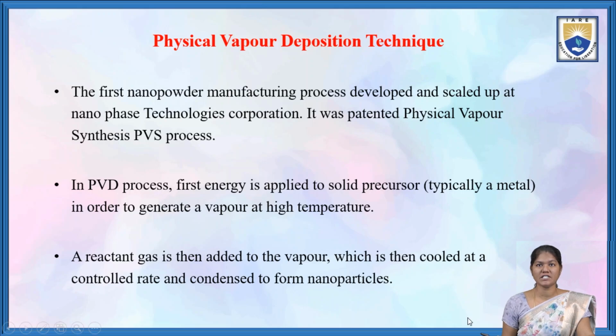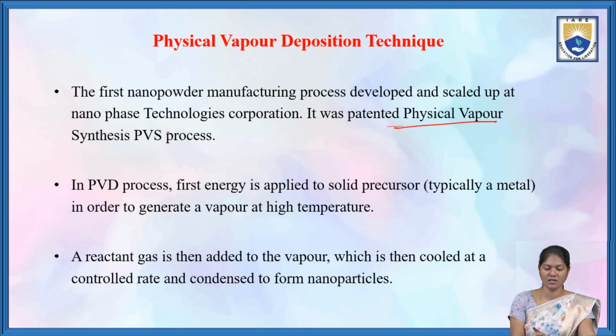So the first nanopowder manufacturing process was developed and scaled up at Nanophase Technologies Corporation. It was patented as a physical vapor synthesis process, the PVS process. In this process, first there is application of energy to the precursors.